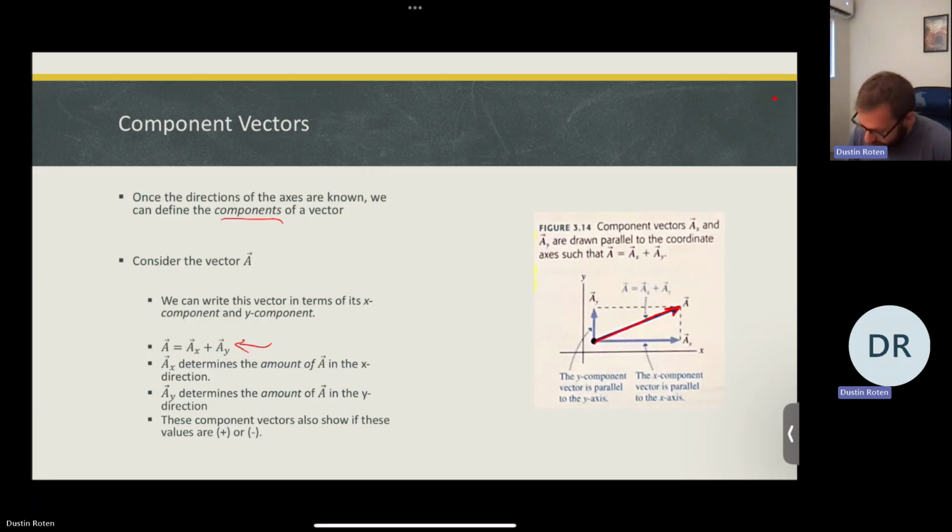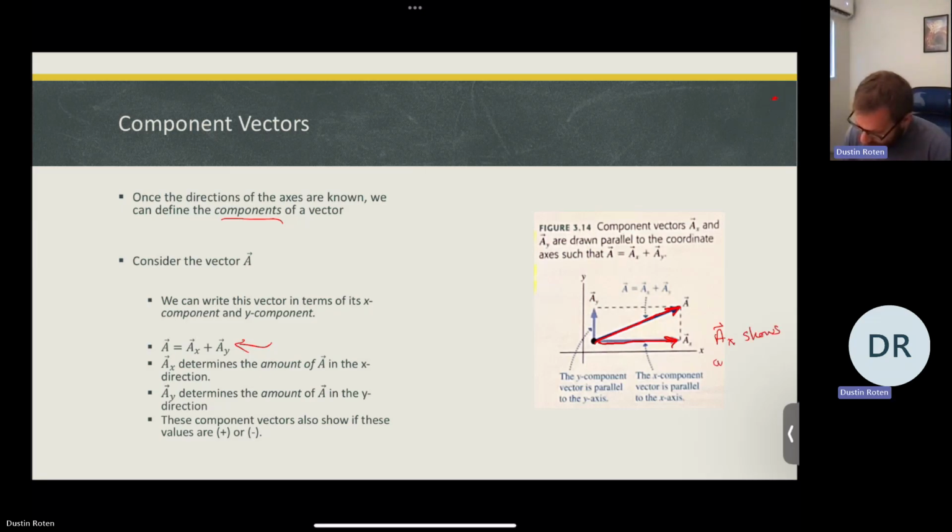So the idea here is this vector over here, AX, only points, it hangs out just pointing left or right. It never has an up-down component to itself.